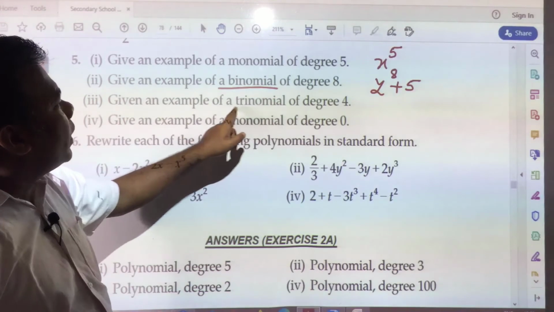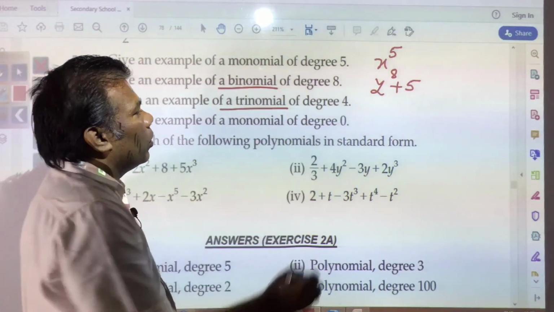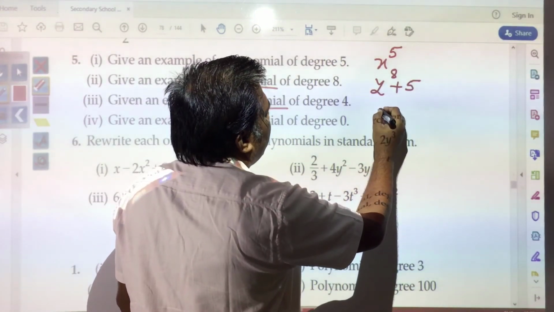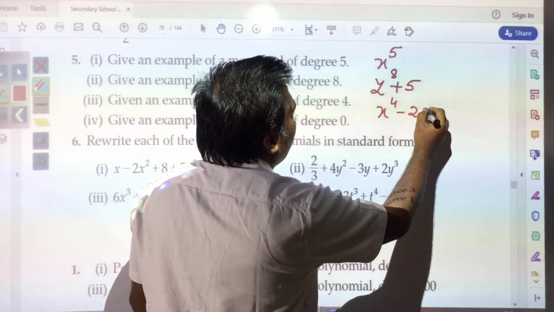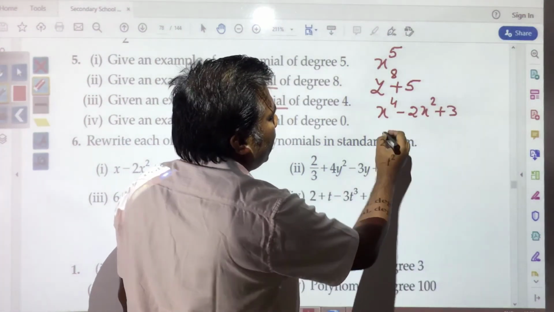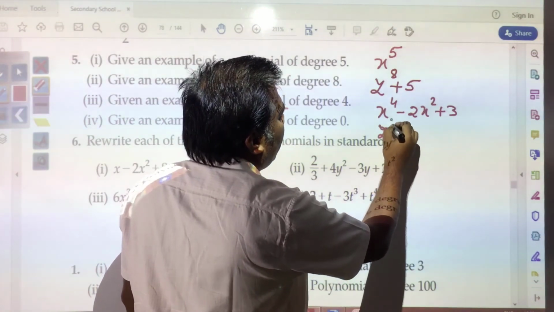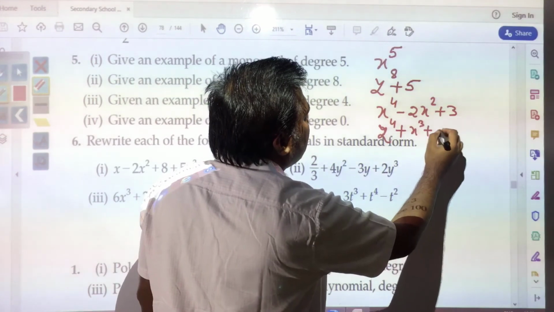Give an example of a trinomial. Trinomial you need to write, but degree should be 4. So, here it can be written x to the power 4 minus suppose 2x square plus 3, or it can be written as y to the power 4 plus x cube plus 3.